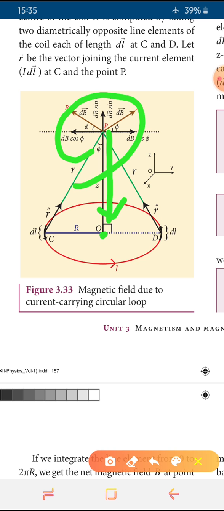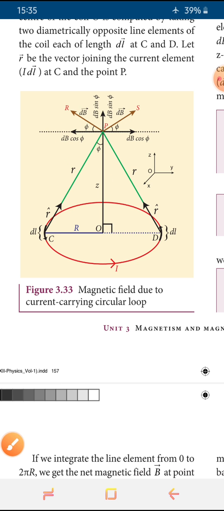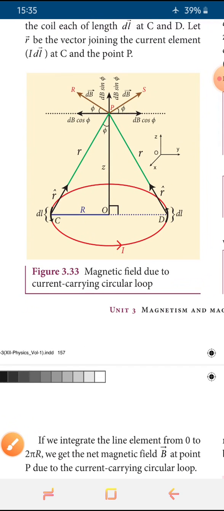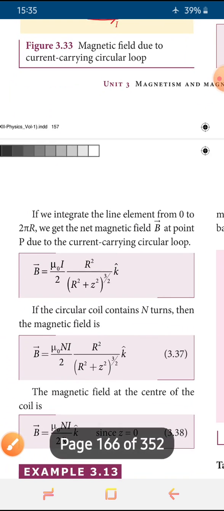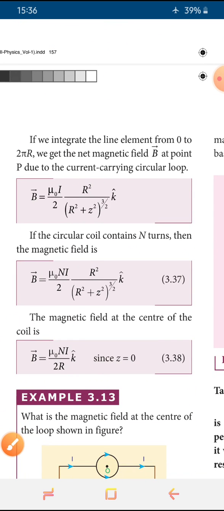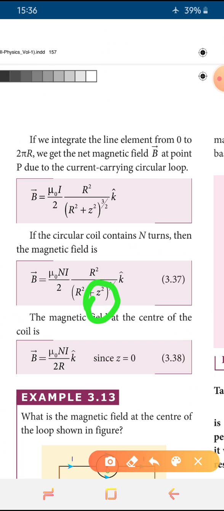So what about this Z? When P comes to the place of O, Z will become 0. When we choose the point P as the midpoint of the circular coil, Z will become 0. Then in this equation 3.37, Z becomes 0, so below R cube will come.